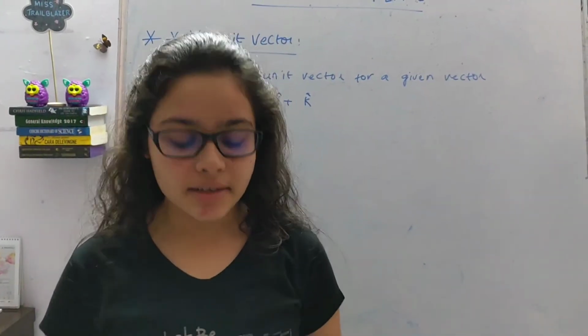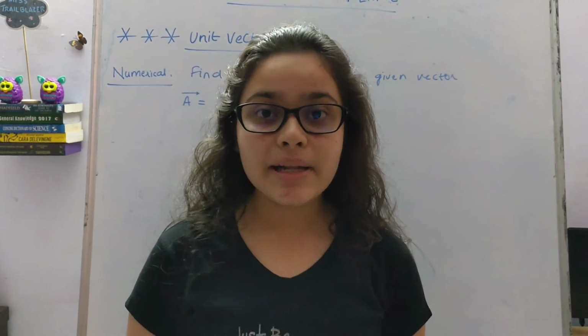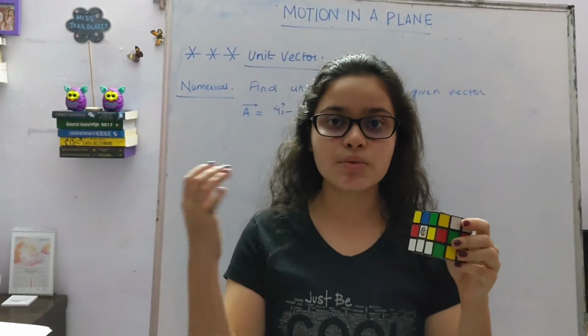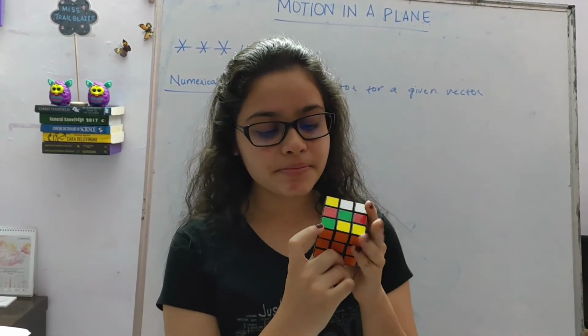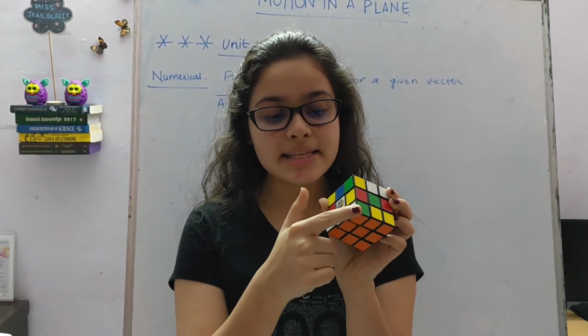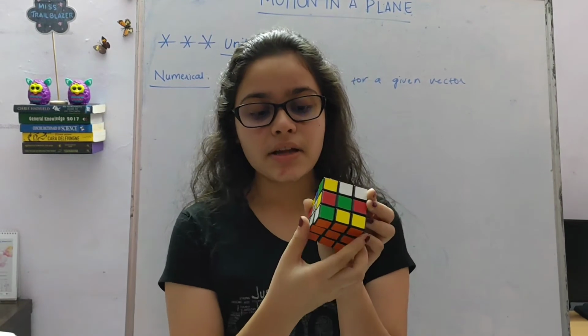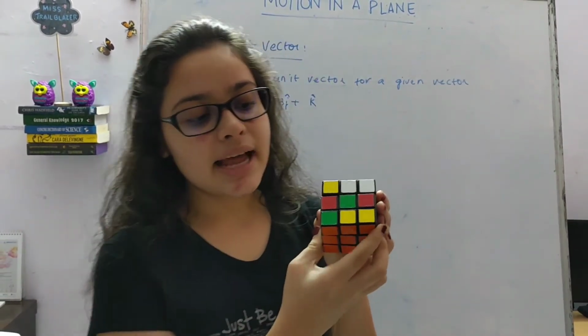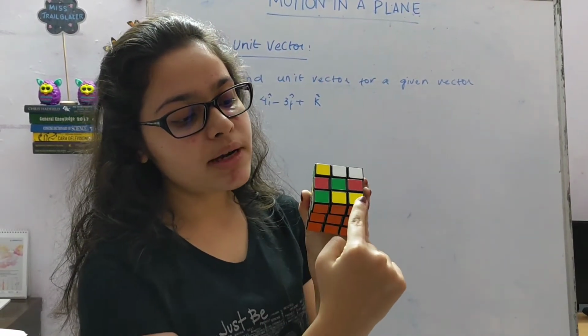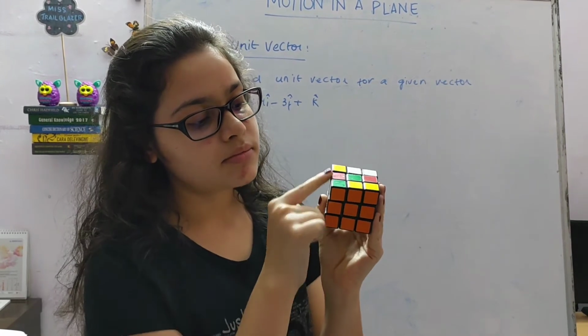Before we start solving this question, I would like you to look at this Rubik's Cube and try to imagine the x, y and z axis. If you take this point, this is your x axis, this is your y axis, and this is the z axis. Now you can see that they are mutually perpendicular to each other, right?